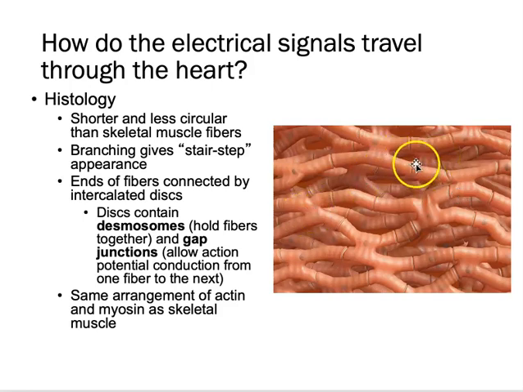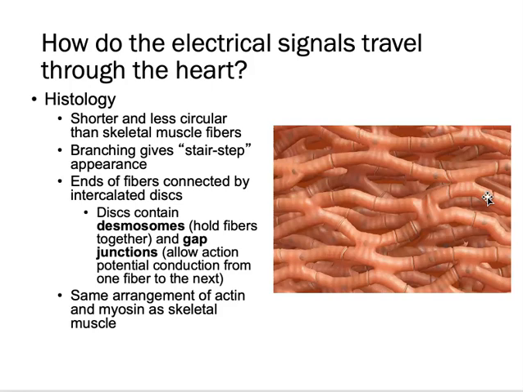You'll notice these sort of dashes or clefts here. Those are intercalated discs. Those discs contain desmosomes that hold these cells together, as well as something really important, gap junctions. That allows the electrical signal to go across the cell and simply flow right into the next one, into the next one, into the next one.